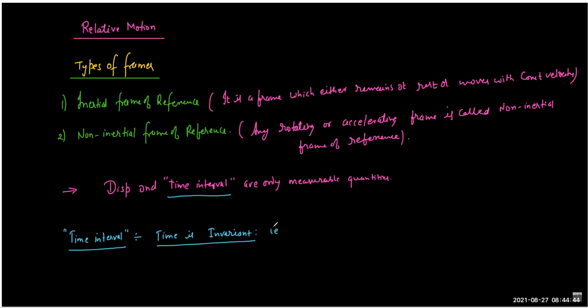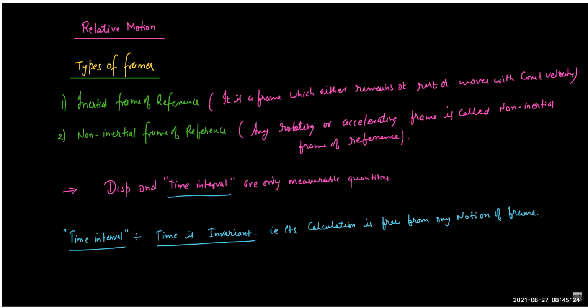That is, its calculation is free from any notion of frame. Okay, so time is something which is invariant. It does not depend on which frame you choose to calculate.